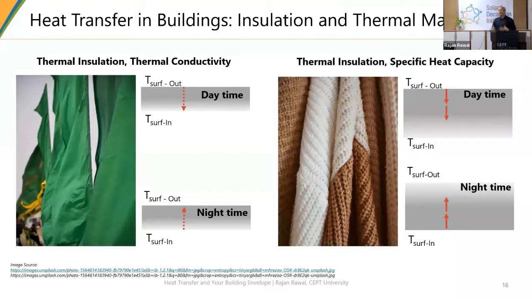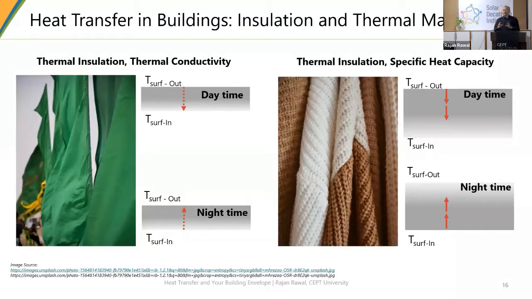Very similar to, let's say, on a rainy day, if you wear a very thick kambal, the cotton of the kambal will get wet, but the water will not come until your skin. Hence your skin may remain less wet, I would say. So this is how probably you can use thermal mass and thermal conductivity.